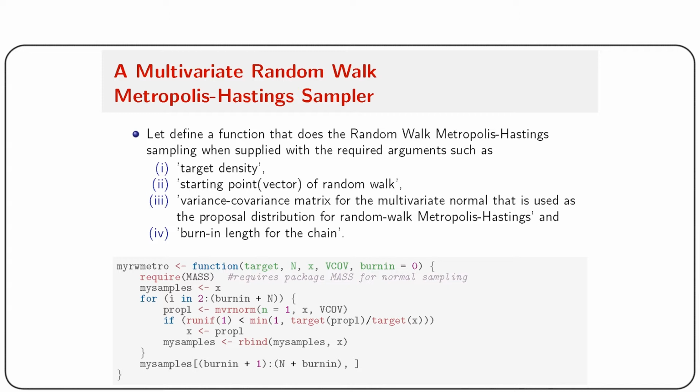And now I'm excluding the first burn-in number of samples, taking burn-in plus 1 to n plus burn-in. So it will discard the initial few samples as per your requirement. If you say 500, then it will exclude the first 500 samples from the return value.